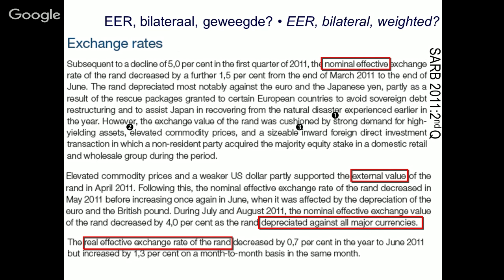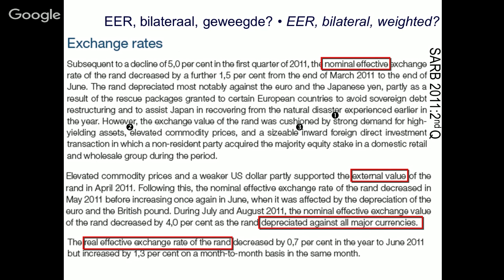Now, in the Reserve Bank's reporting, they report on the bilateral rates. So there's a whole page that I didn't print for you in the statistical tables with the rand dollar, the rand euro, the rand yuan, the rand whatever. But they also report on what they call the EER.